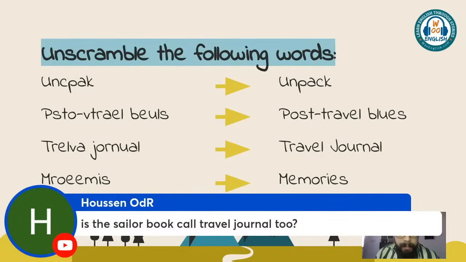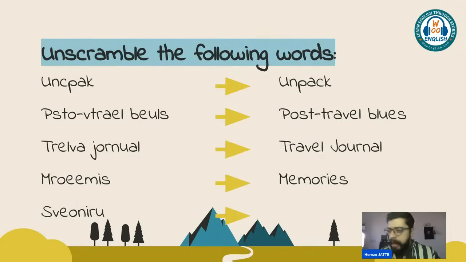Hussein, if you can tell me what is a sailor book, I will be more than happy to explain it to you. So this is very simply a very tiny book that I have where I, for example, stick pictures of places where I went or activities that I want to memorize.